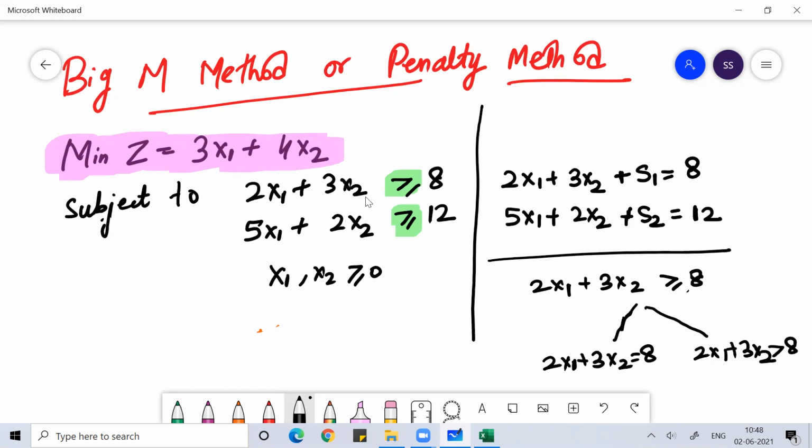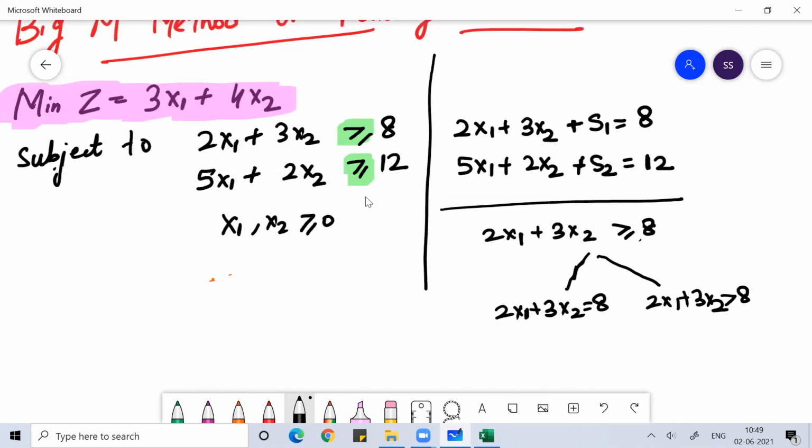So two things can happen. If 2x1 plus 3x2 is equal to 8, then your dummy variable will be equal to 0, the same logic. But if 2x1 plus 3x2 is greater than 8, then your dummy variable will be how much more than 8 it is.